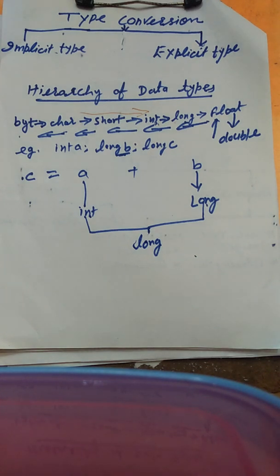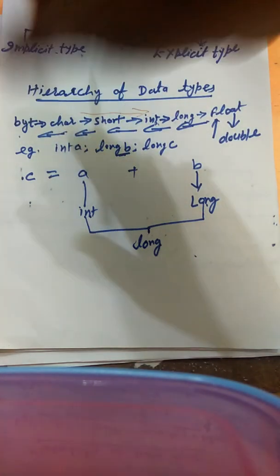Implicit type: in a mixed expression, the data type of the result gets automatically converted into the highest type available in the expression without any intervention of the user. So this type of conversion is called implicit type.